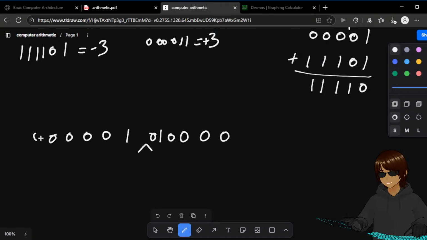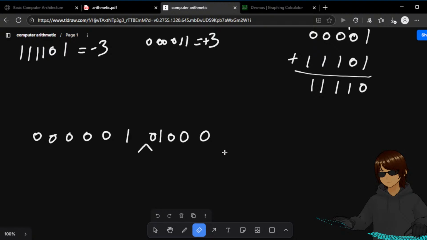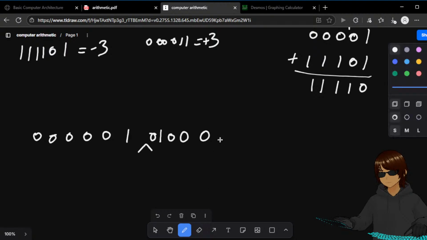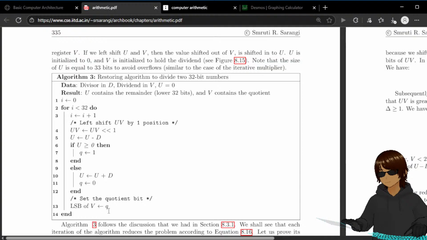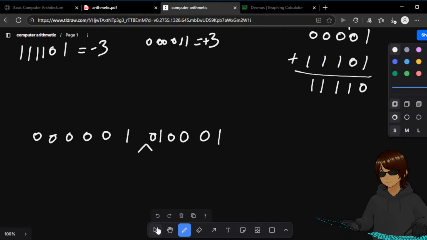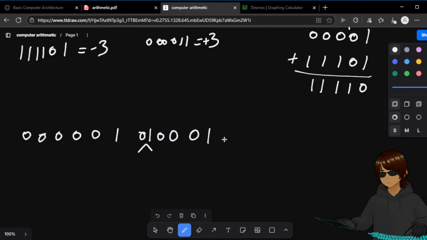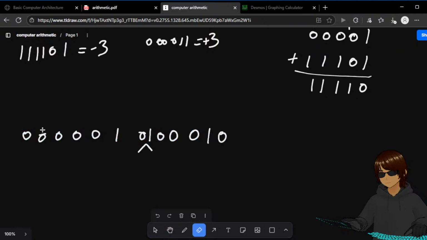And then this is set to 1, right? This is less than this, minus 3 is negative, so nothing happens.